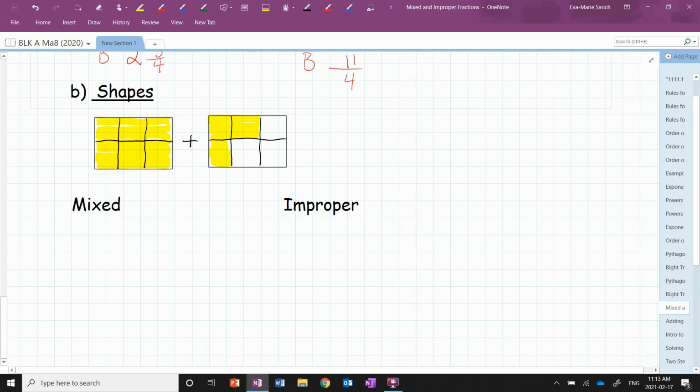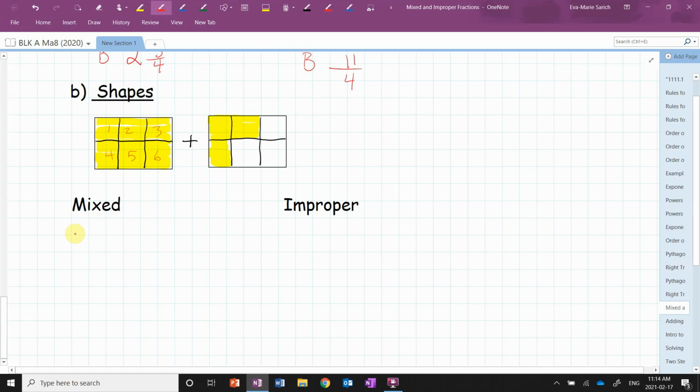You can think about this in the same way like a pizza party. Our mixed number, remember we need a whole number and a fraction. So we've got a big rectangle that has been cut into 1, 2, 3, 4, 5, 6 pieces.